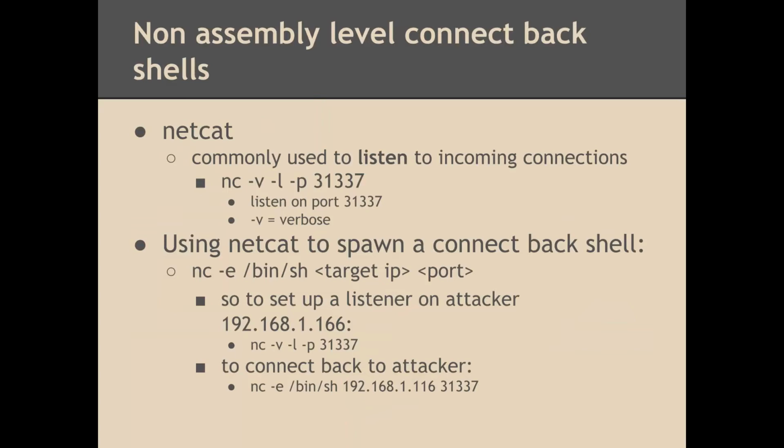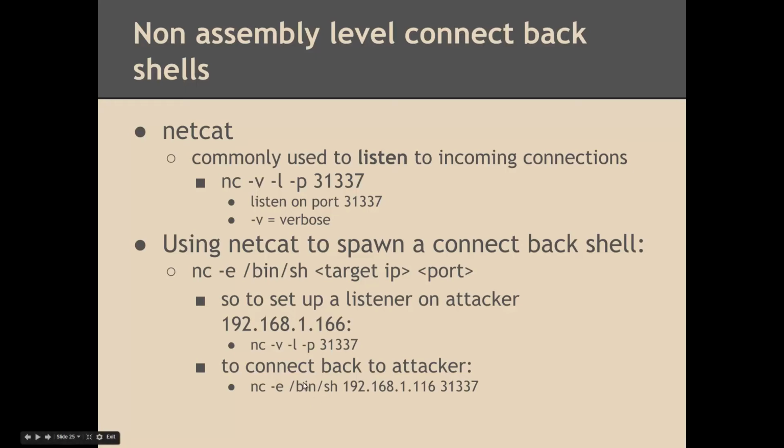There are many forms of performing a connect back payload, and you can do it with Unix commands like netcat. It's a common Unix tool to do this. In netcat, the flag v stands for verbose, l tells it to listen, and p specifies the port. e specifies what to execute.